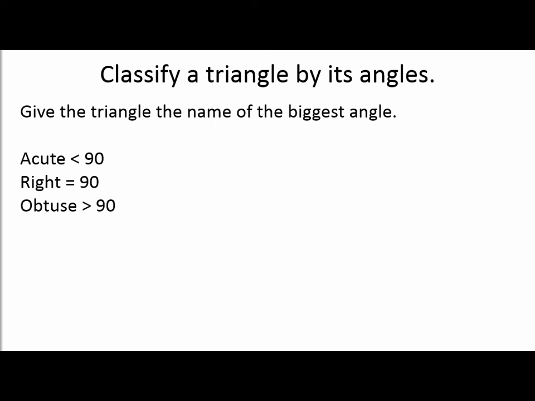I'm looking for the biggest angle of the group. And if they're all the same, 60, 60, 60, obviously the biggest number you see there is 60, so that would be an acute triangle. The biggest number from the three angles, in that case, is 60.